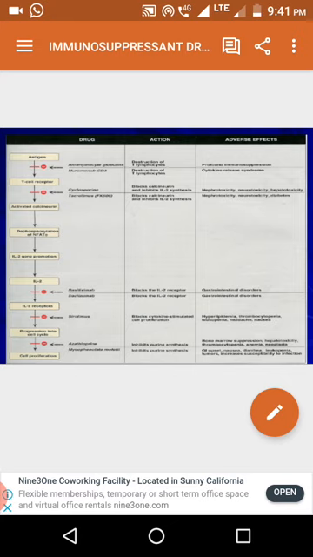If you are unable to memorize the drugs which inhibit interleukin-2 production, you can write cytokine production inhibitors, like corticosteroids. Next are cytotoxic drugs. Examples: pyrimidine and purine antagonists, azathioprine, as well as methotrexate. Next are alkylating agents, like cyclophosphamide. So these are the drugs.